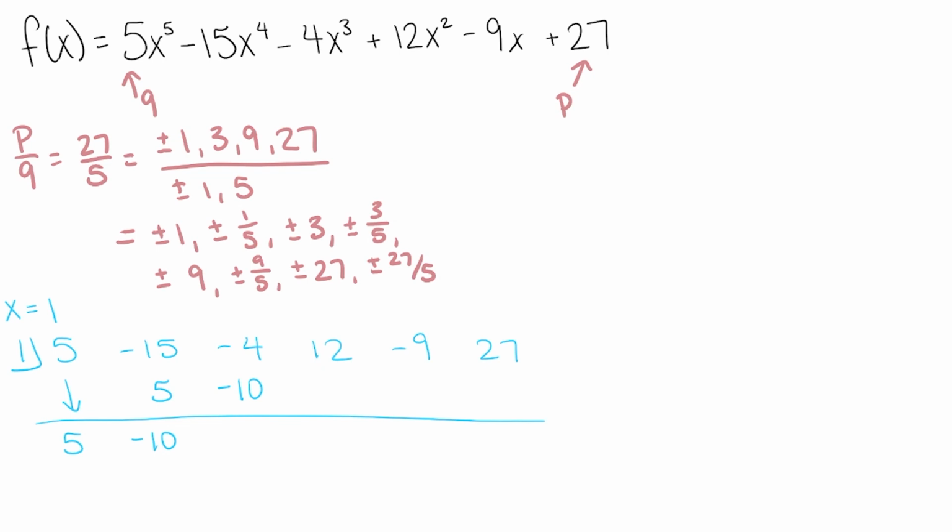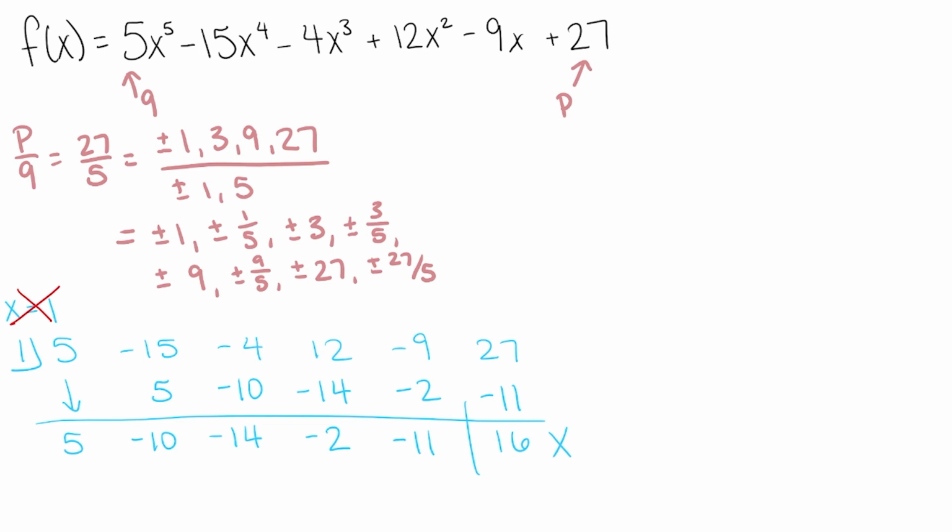Negative 4 plus negative 10, negative 14. 1 times negative 14 is negative 14. 12 plus negative 14 is negative 2. 1 times negative 2 is negative 2. Negative 9 plus negative 2 is negative 11. 1 times negative 11 is negative 11. 27 plus negative 11 is 16. This is not 0. Since this is not 0, x equals 1 is not one of our factors.